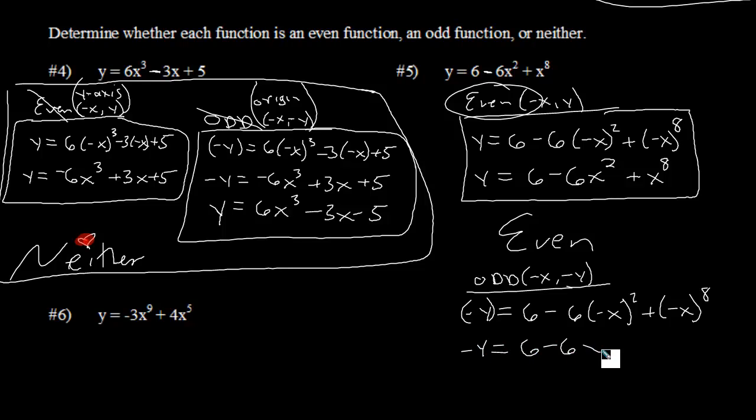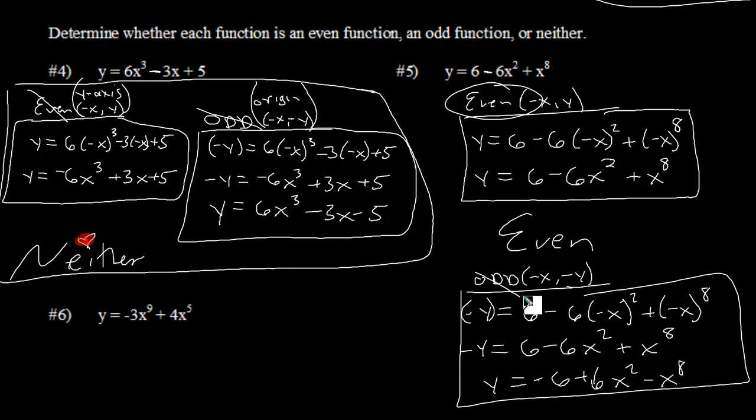Simplifying this, getting y by itself, you're going to find that it's not odd. So, number 4, neither. Number 5, even.